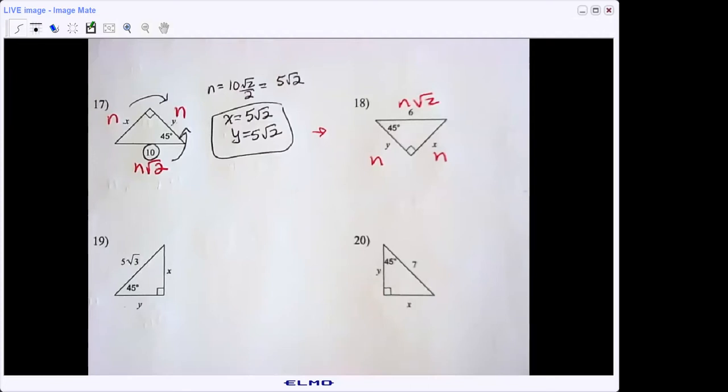And write it down. Don't yell it out yet. And do the same thing that we did on 17.